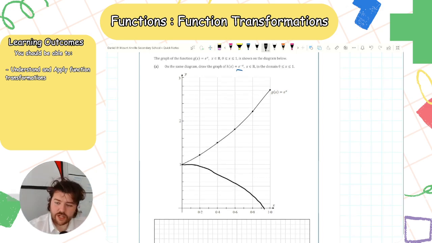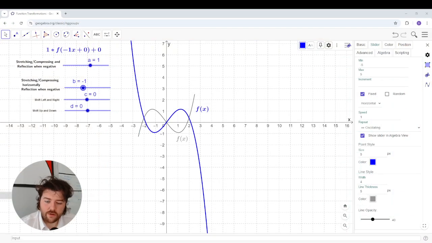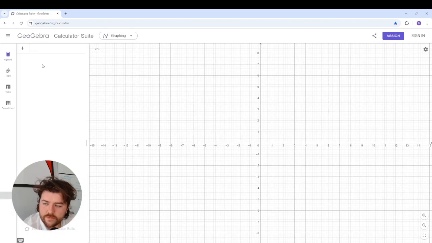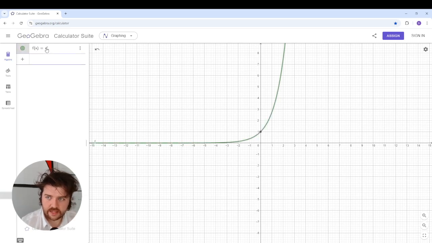Oh, you know what? Let's check in the GeoGebra. Oh, look at that. Very nice. Right, GeoGebra. So we have e to the x, and then we have e to the power of minus x.